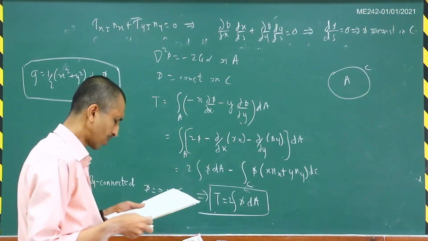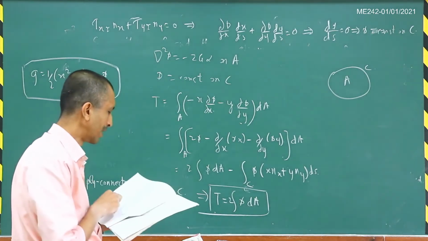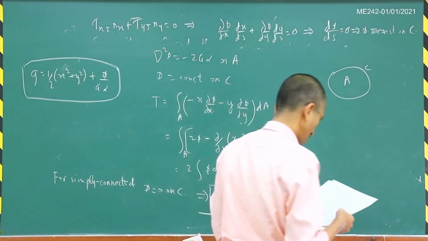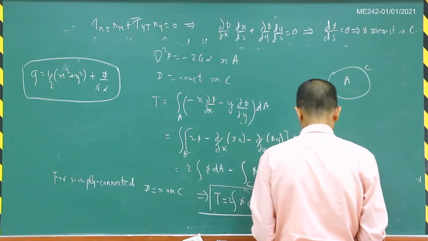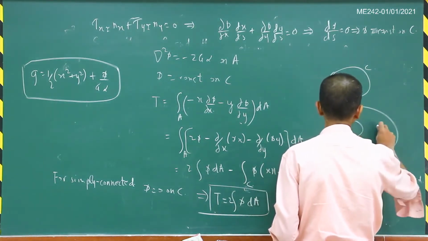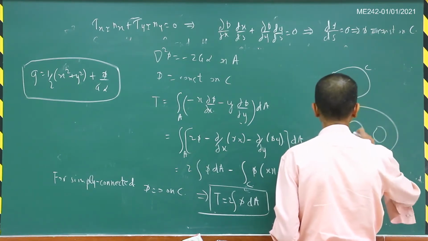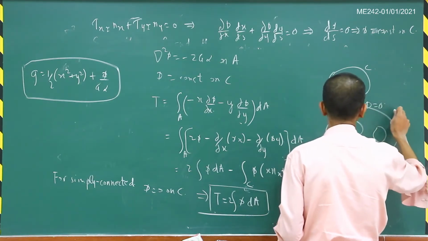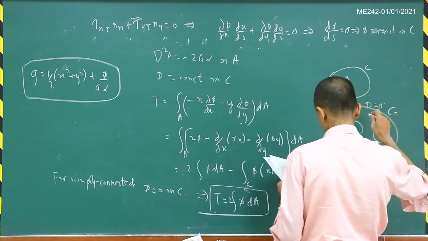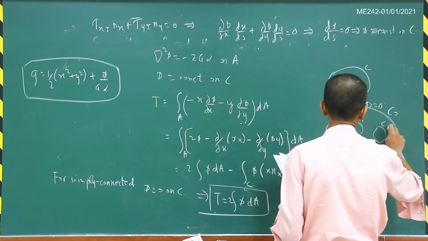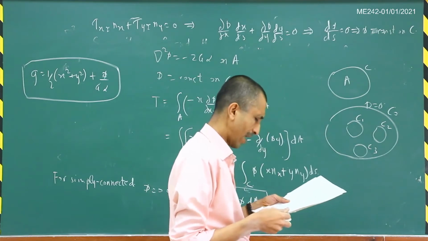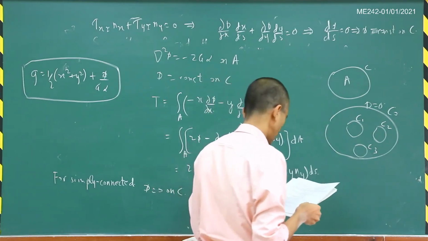Fine. So what happens if you have multiply connected domains? Let us look at now the case where you have multiply connected domains. In that particular case, let us take this domain, and these are various holes that you have. You take phi equal to 0 on the outermost boundary, which will be C0, and now you have C1, C2, C3, these are the various holes.